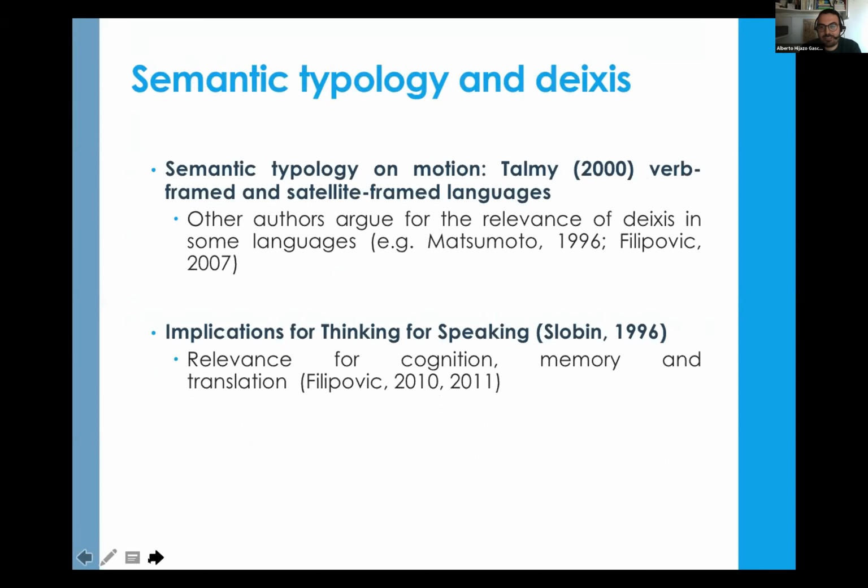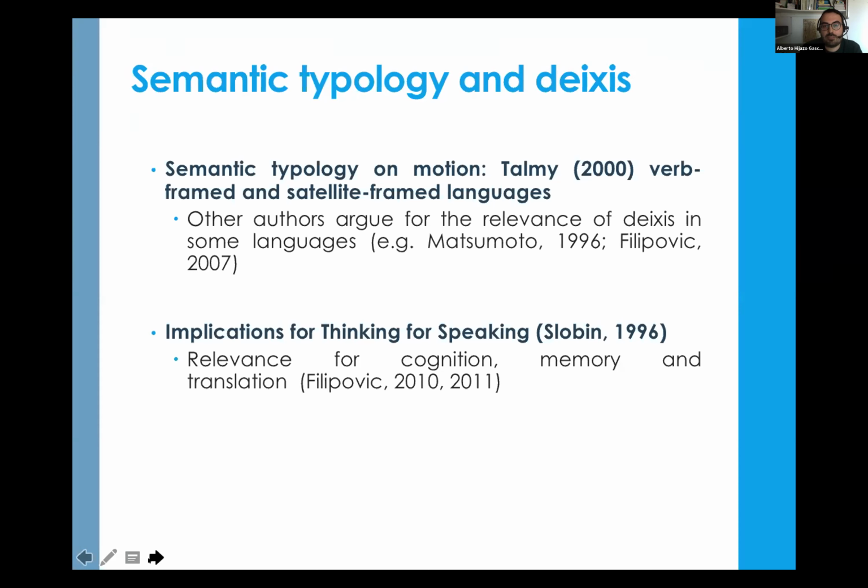In semantic typology, in the Talmian and Slobinian tradition, as you know very well, deixis is considered to be a subcomponent of path. So path includes 3 subcomponents: deixis, vector, and conformation. Although there are some authors who have argued for more relevance of deixis in this framework.